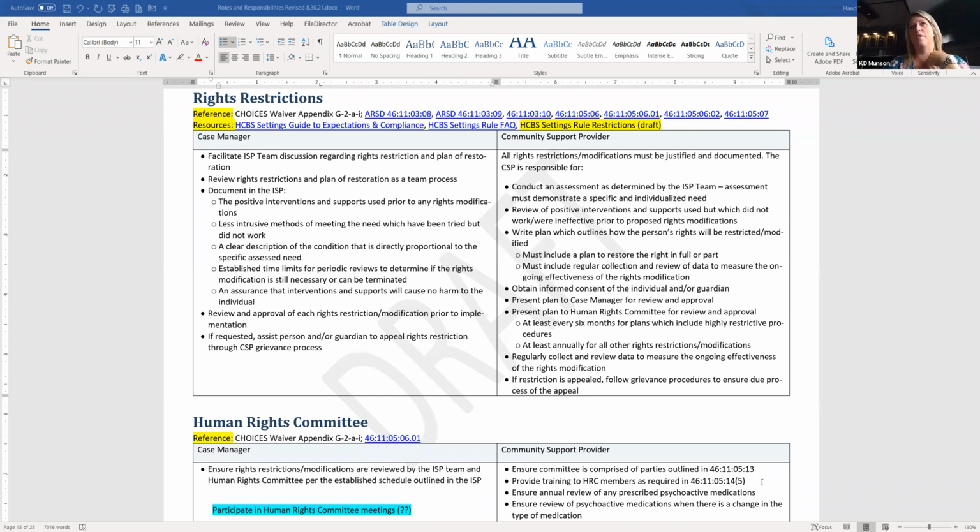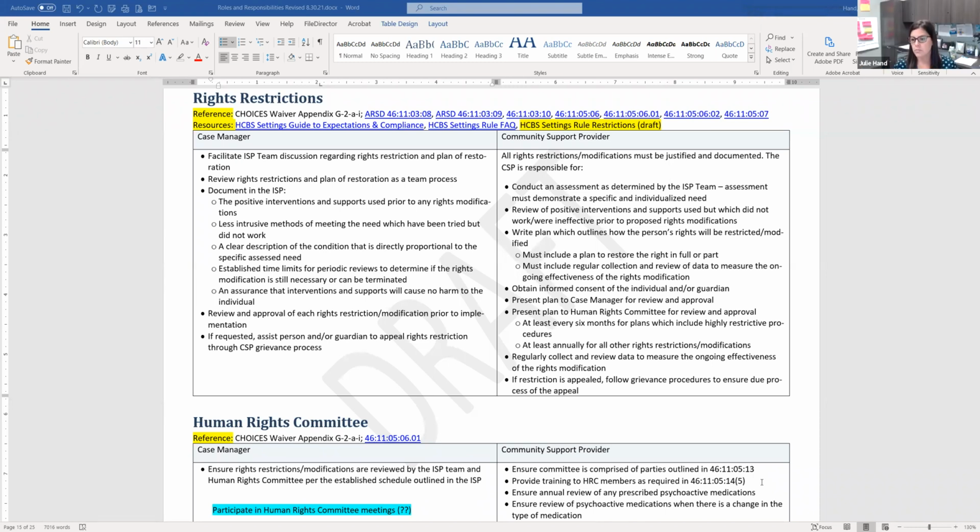Yeah, I think, you know, I've seen some guides from other states about writing behavior support plans or writing rights restrictions. I think it might be nice to have that template along with a guide, just to build some consistency in the expectations.